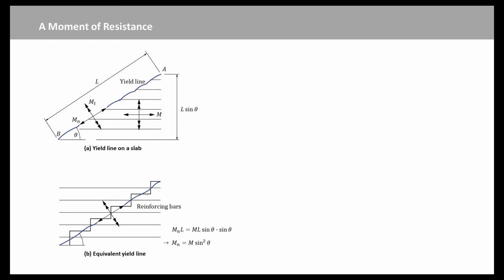These axes are also shown in the figures by lines with double arrows. The component per unit length about the axis along the yield line is denoted by Mn. Of course, there is usually reinforcement in two directions, and the resulting moment about the axis along the yield line can be found from this equation.